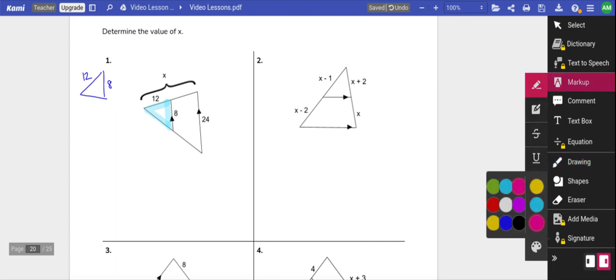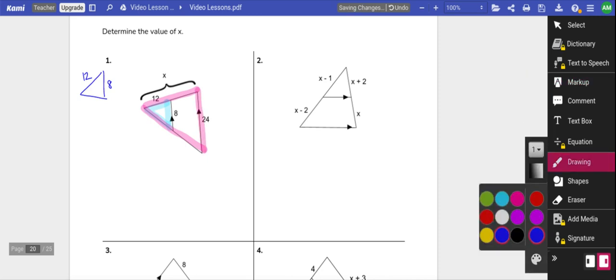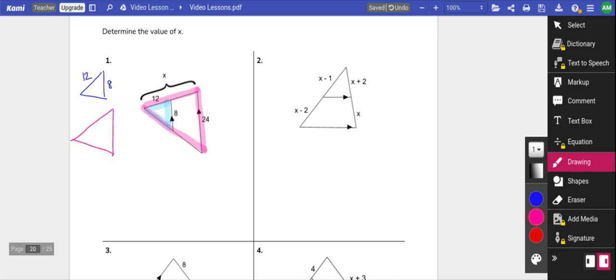In my larger triangle, the pink side, the entire length of the pink side is labeled as x, and on the right side, it's 24.